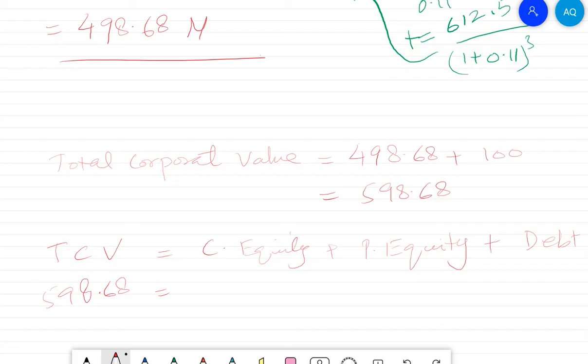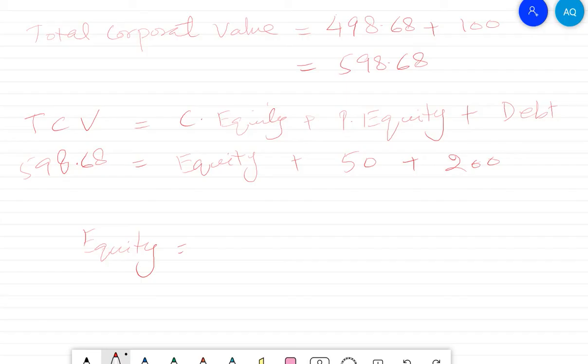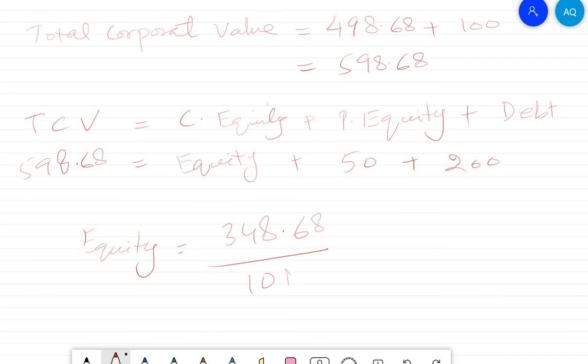Common equity is unknown. Preferred equity is 50 million and debt is 200 million. By solving this equation for equity, we will have 348.68 million. Remember that we still have 10 million shares outstanding, so the price of one share will be $34.868.